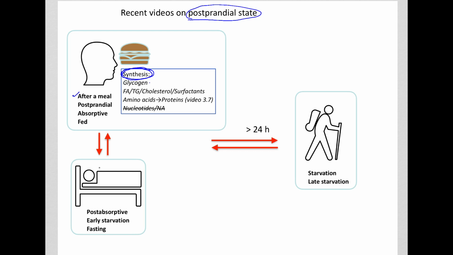So we talked about glycogen synthesis, fatty acid synthesis, triglyceride synthesis, cholesterol synthesis, synthesis of amphiphilic lipids, and then synthesis of the non-essential amino acids, which then go on to make proteins, and protein synthesis was discussed in video 3.7.